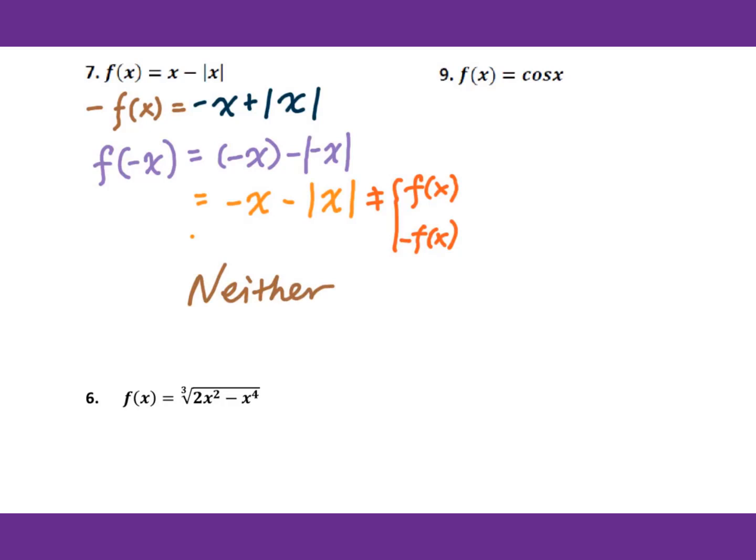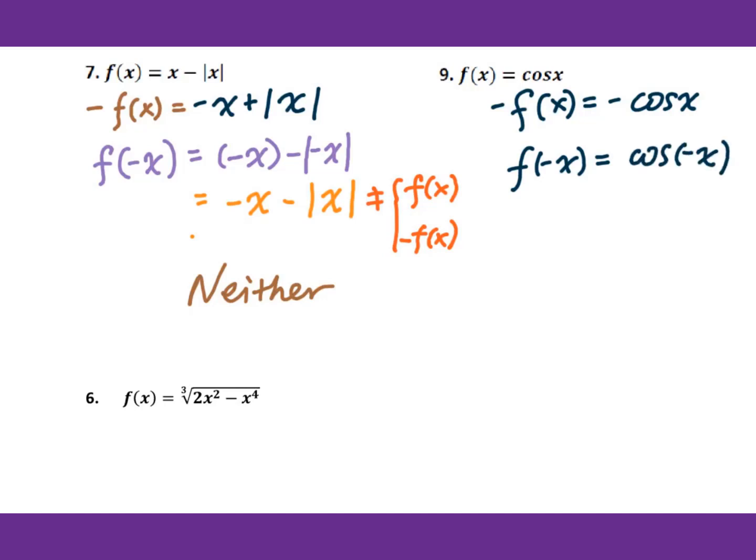Now let's go to number 9. First of all, we work out negative f of x. That is negative cosine x. F of negative x, we change every single x into negative x.